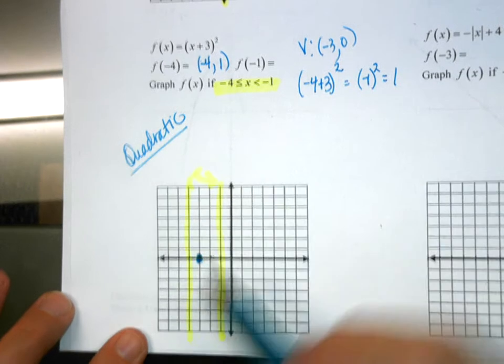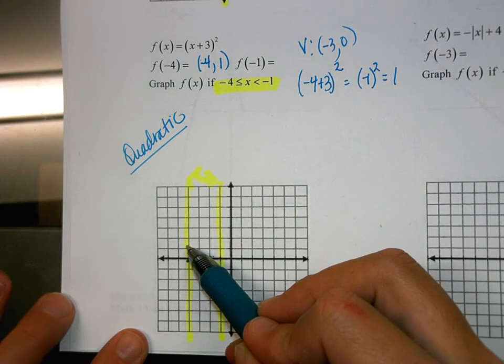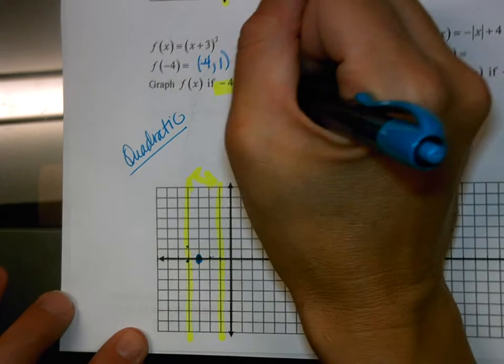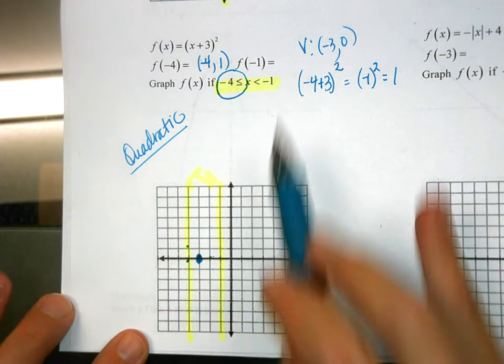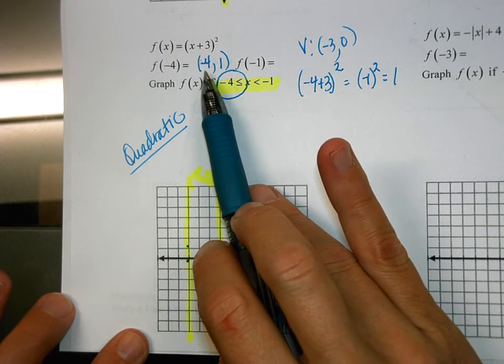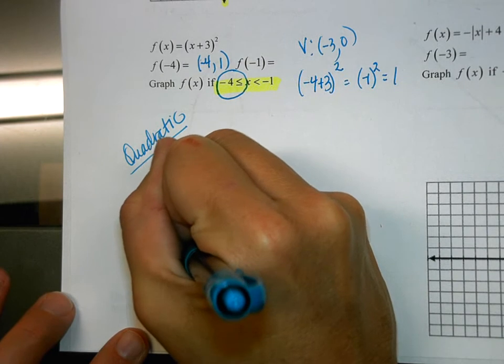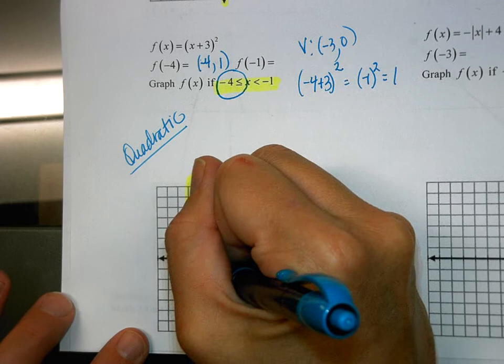So at -4 up 1, will that be an open or a closed circle? Closed. So do you see here at -4 how it has that equal to sign there? So when I plugged in the x value for -4 equaled 1, and so at -4, 1, it's a closed circle. Now we do know this is symmetrical across this vertex here, right?